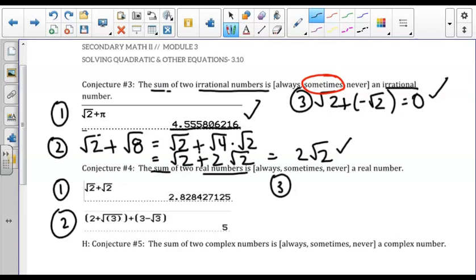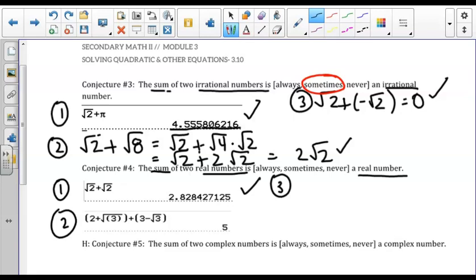On the fourth conjecture, we're asked if the sum of 2 real numbers is always, sometimes, or never a real number. So if we take root 2 plus root 2, which is a real number, each of them, we get 2.828, and so on and so forth, which is irrational. And irrational numbers are real numbers, so that works.